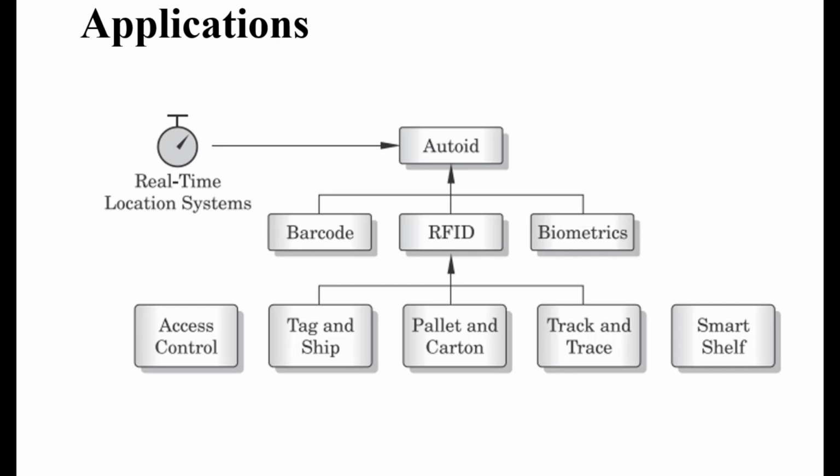RFID-enabled shelves automatically detect when products are added or removed, useful in retail and inventory management. This diagram highlights that RFID, along with barcode and biometric systems, forms part of Auto ID technology and is widely applied in logistics, retail, access control, and real-time tracking.